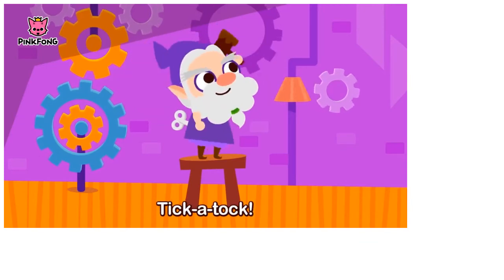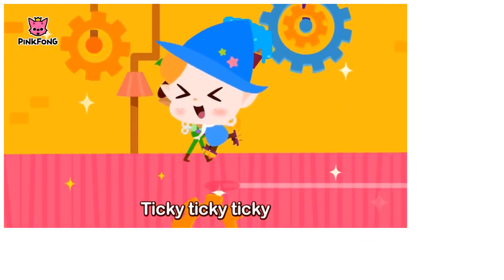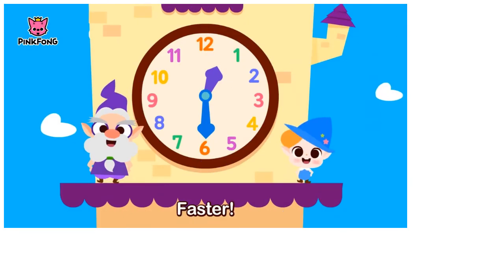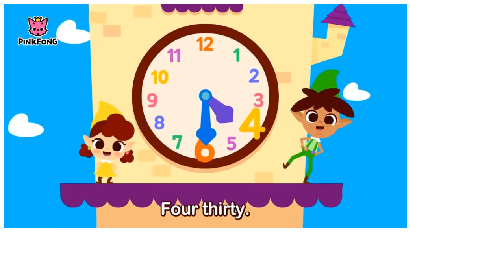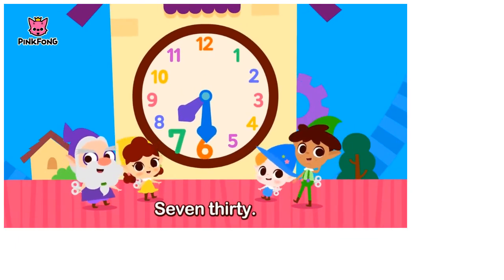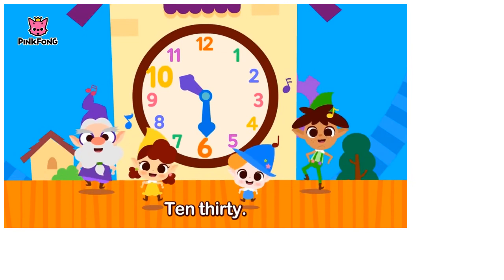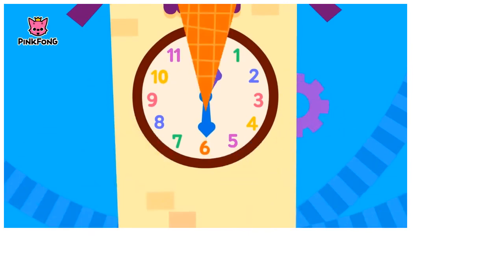What time is it? Faster. 1:30, 2:30, 3:30, tick tock, 4:30, 5:30, 6:30, tick tock, 7:30, 8:30, 9:30, tick tock, 10:30, 11:30, 12:30, tick tock.